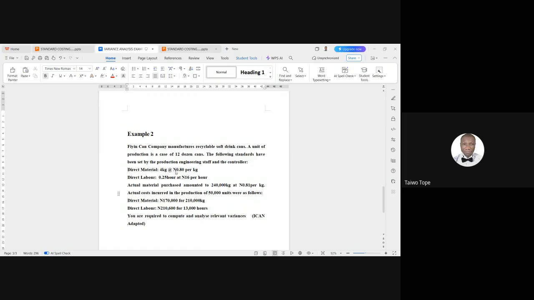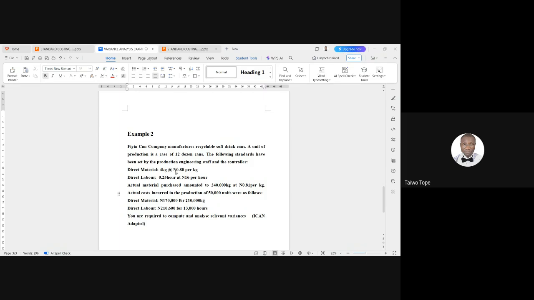Direct material, 4 kg at 80 kobo per kg. Direct labor, 0.25 hours at 16 naira per hour. Actual material purchased amounted to 240,000 kg at 81 kobo per kg.